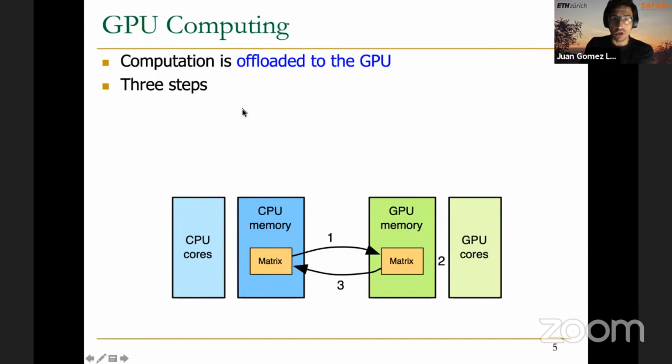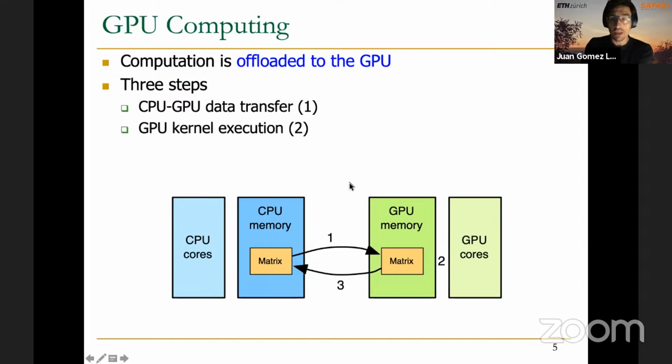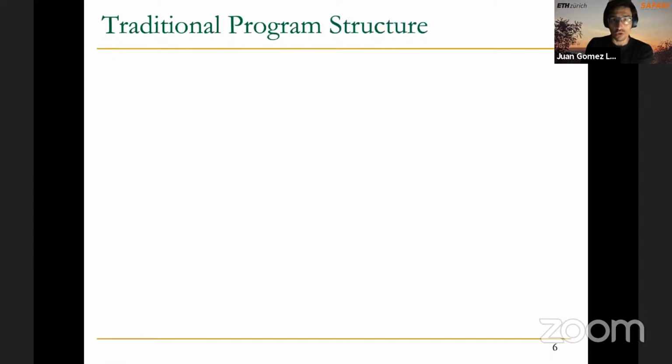But in this slide, assuming that we have allocated the data, we are focusing only on the 3 key steps. The first one is the data transfer of the input data from the CPU memory to the GPU memory. After that, the CPU will launch the computation on the GPU cores. This is step 2. And then in step 3, we retrieve results from the GPU memory to the CPU memory.